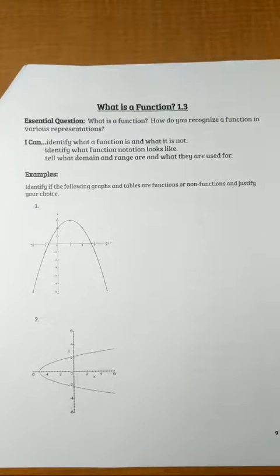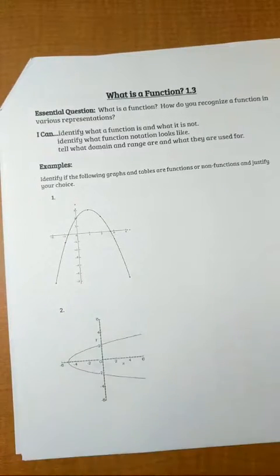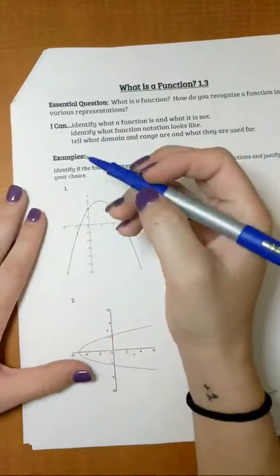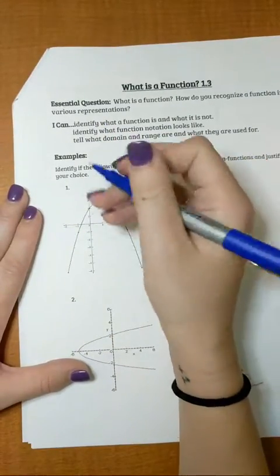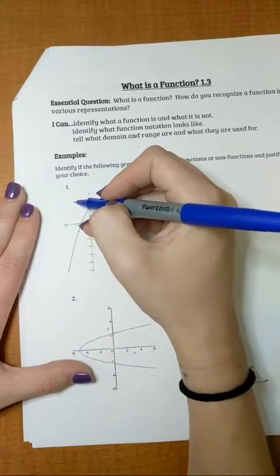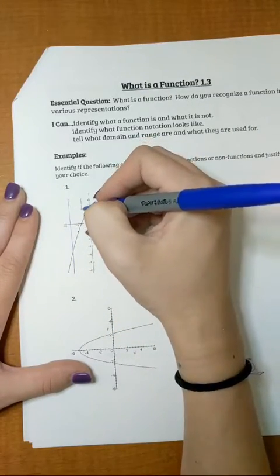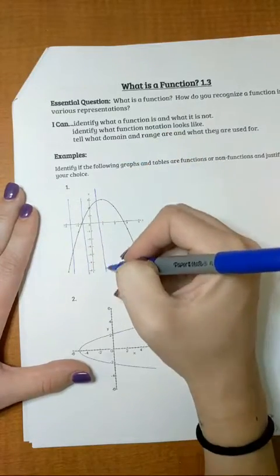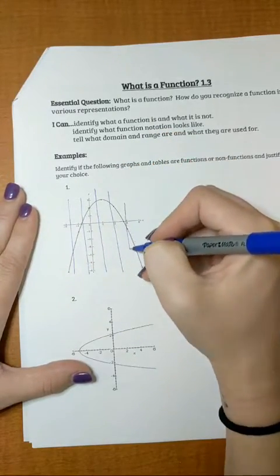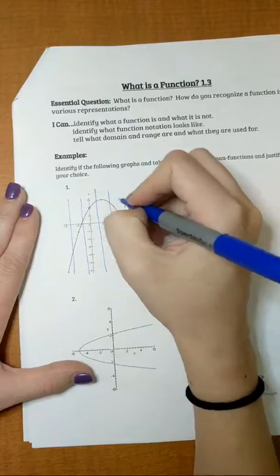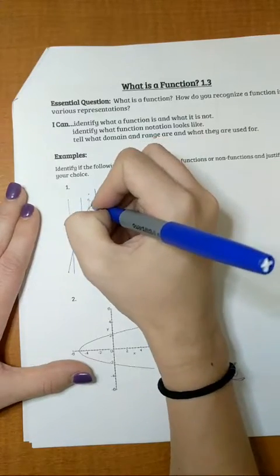So, if we look at this first example right here, if I put a vertical line, so a vertical line is up and down, anywhere on this graph, it's only going to touch it once.